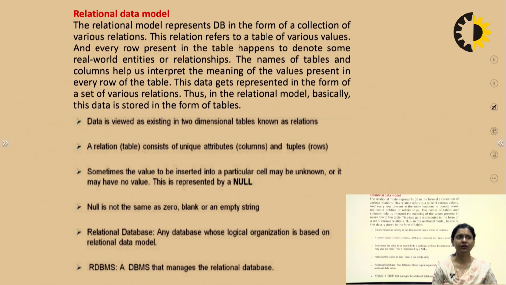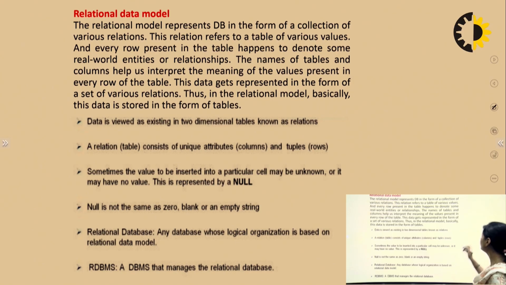The relational data model represents the database in the form of a collection of various relations. Relations here basically represent the tables in which the data is stored. The data in the relational model is stored in the form of rows and columns.